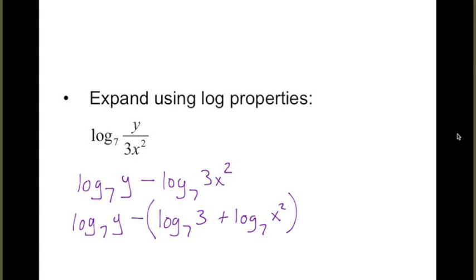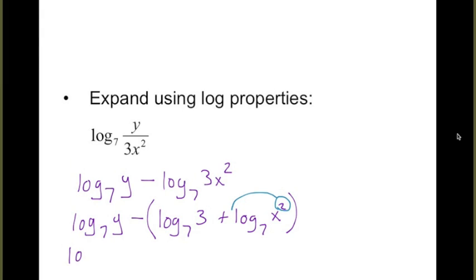Since we were subtracting this log base 7 of 3x squared, we need to subtract the whole separation of it. And then we'll need to distribute that negative out. One more log property to take care of. The 3 is fine, the y is fine, but the x squared is too much, so we need to take that squared down.